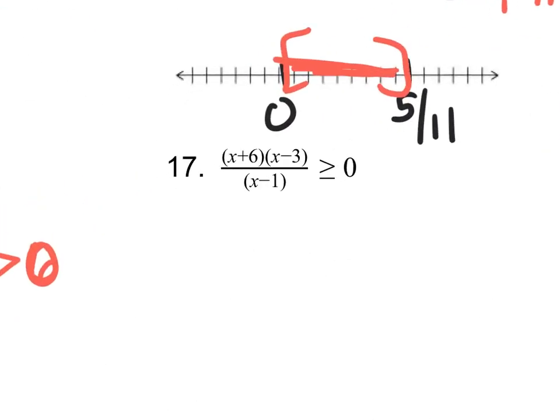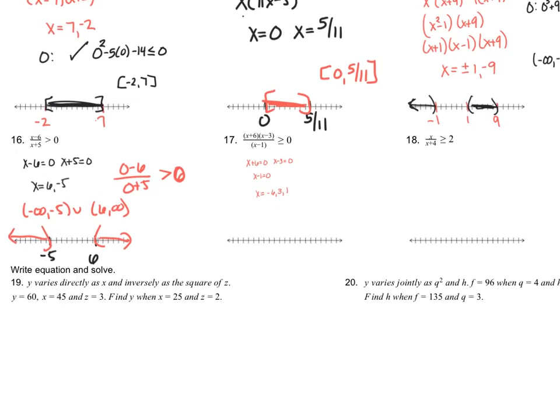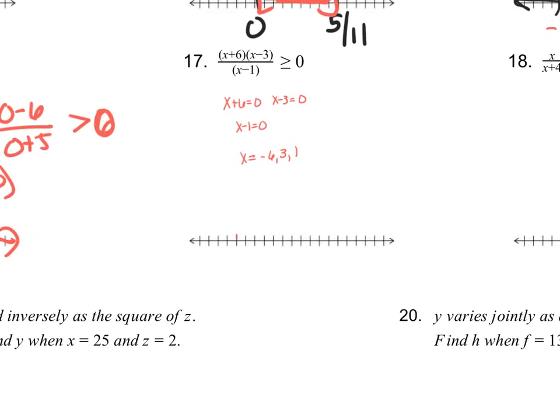Number 17, I'm going to go ahead and set everything equal to 0 and solve. So my three things are negative 6, 3, and 1. So I'm going to come over here. Whoops, sorry guys. We're going to put that on. Negative 6, 3. Sorry, that should be a 1. And 3. So now I'm going to pick 0, which happens to be in between negative 6 and 1.